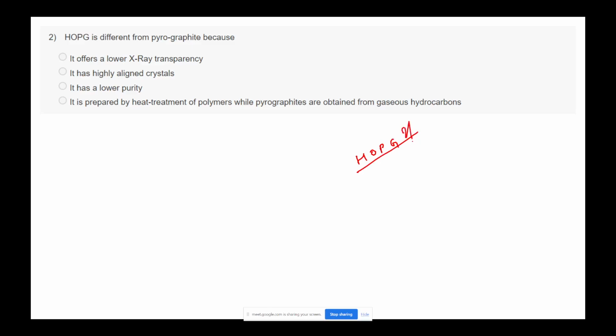So, can anybody answer, what is this HOPG? Anyone? Okay, so I will tell you.